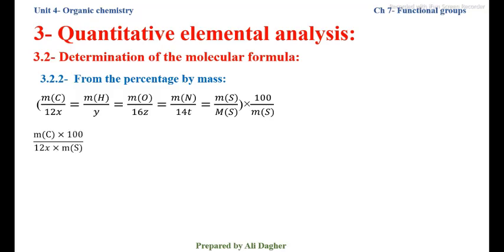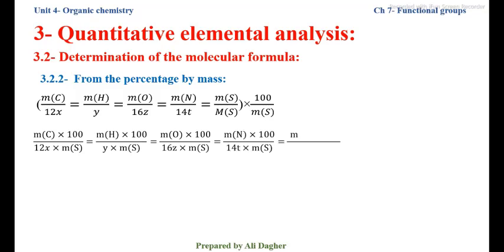Then mass of carbon times 100 over 12x times mass of S equals mass of hydrogen times 100 over y times mass of S equals mass of oxygen times 100 over 16z times mass of S equals mass of nitrogen times 100 over 14t times mass of S equals mass of S times 100 over molar mass of S times mass of S.